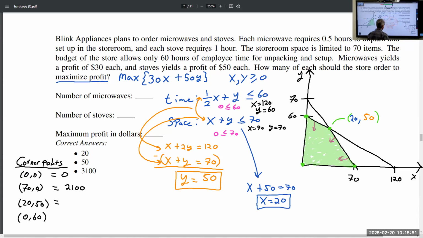Another 0 on that looks a little better. 30 times 20 plus 50 times 50. 600 plus 2,500. And this one would be 50 times 60. So that'd be 3,000.